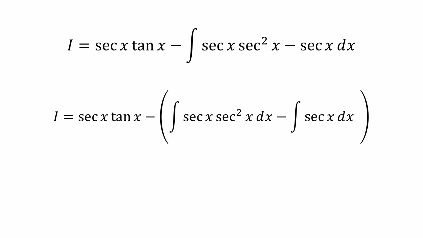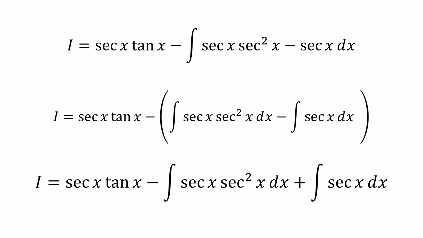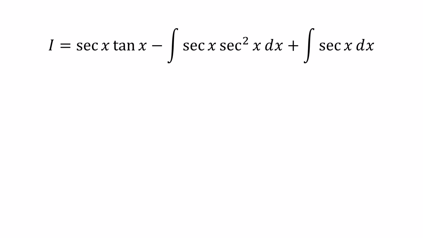Distributing the minus sign then gives I equals secant of x tangent of x minus the integral of secant of x secant squared of x dx plus the integral of secant of x dx.